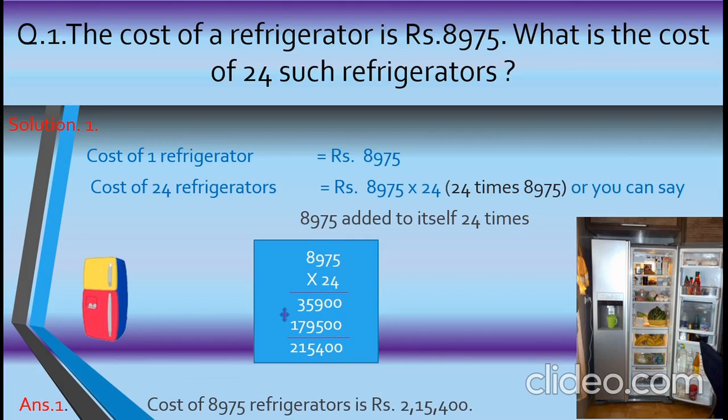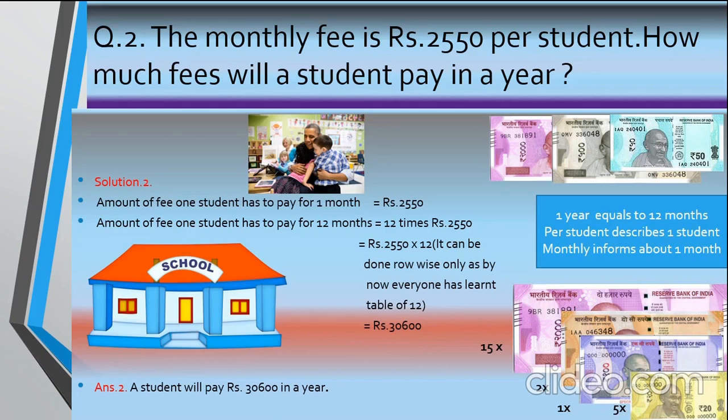Then you will multiply 8,975 by 24. 8,975 is the multiplicand, 24 is the multiplier. By now we have learned how to multiply by 2 or 3 digit numbers, so you will apply that and you will get an answer of rupees 2,15,400. So this will be the cost of 24 refrigerators. The hidden question will be of the same type in all the word problems, which is to be solved by applying multiplication.